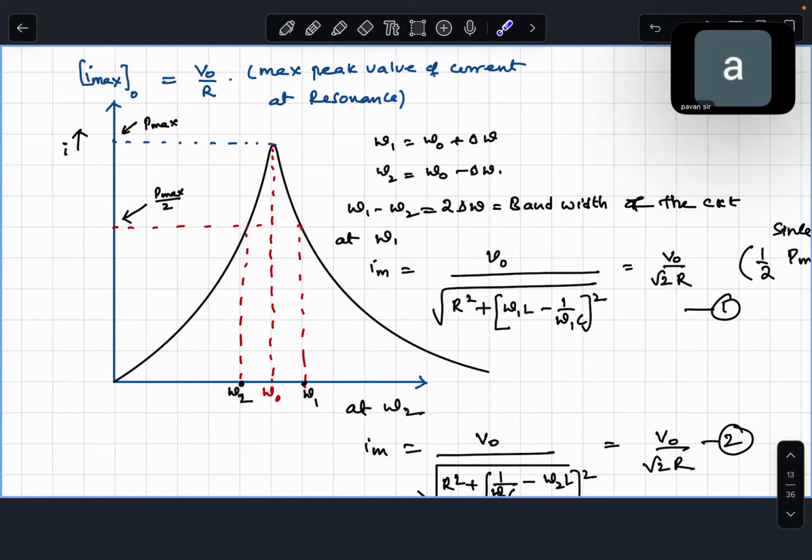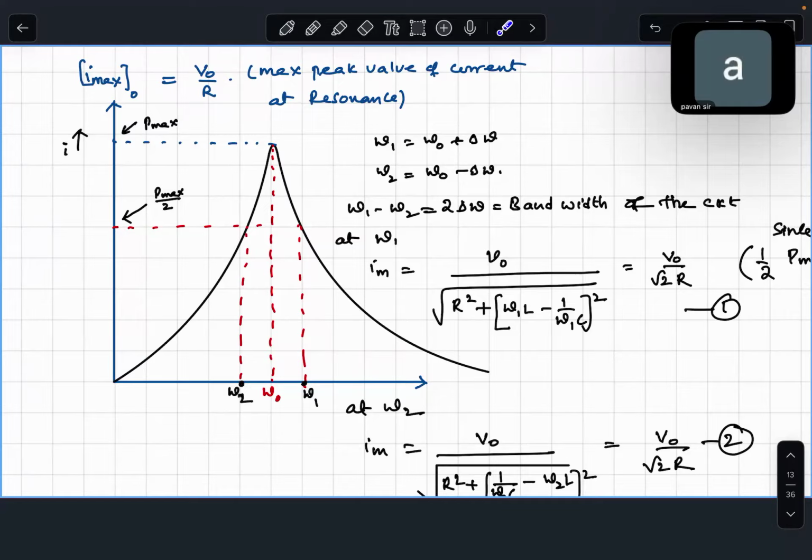For convenience, we will write these two terms as small delta omega. Honestly speaking, if you question me, catching hold of my shoulder, I cannot say delta omega on both sides is the same. This is not a symmetric graph. But for practical purposes, we will assume almost the same.